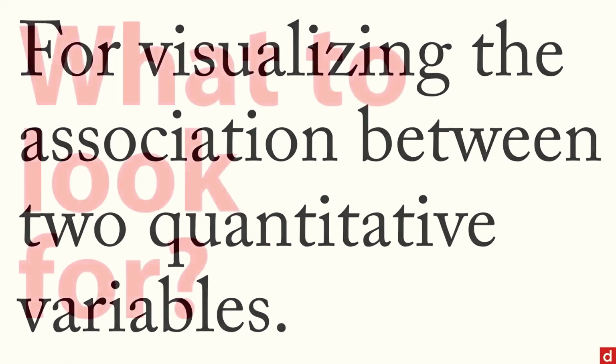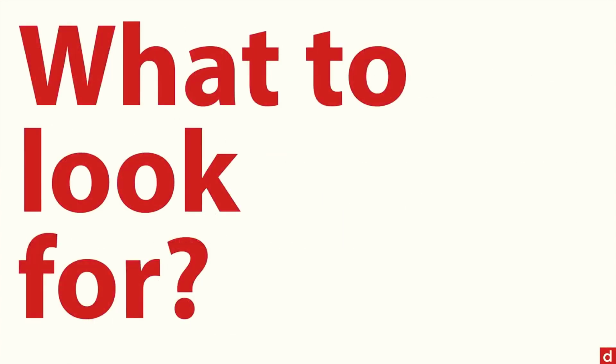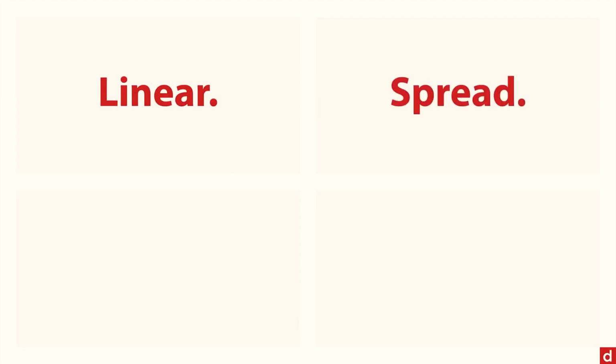When you make a scatterplot, there are some things you should look for, and in case you're wondering what they are, they include, for instance, whether the association between the two variables is linear, because a lot of the procedures that are common assume that you can draw a straight line through the data. You want to check the spread of the data, especially whether the spread changes as you go from left to right on a scatterplot.